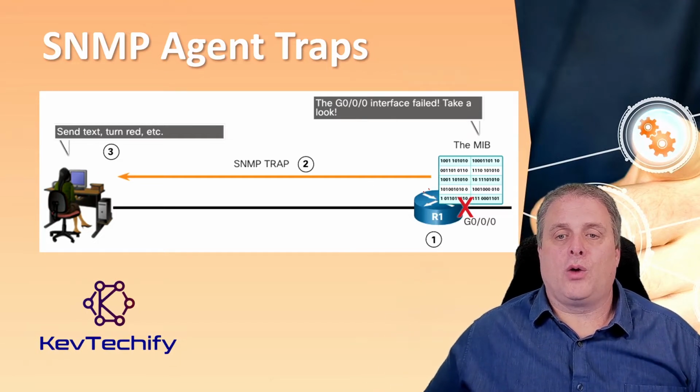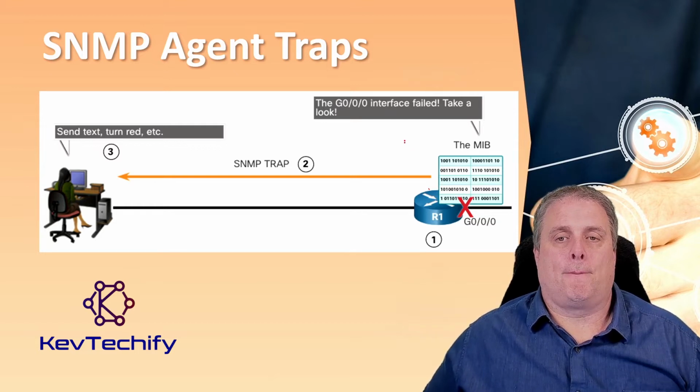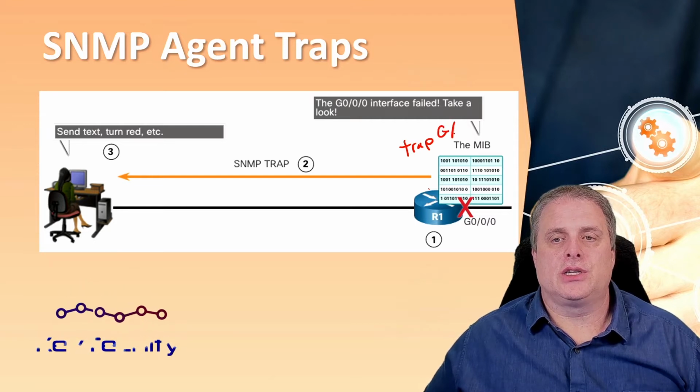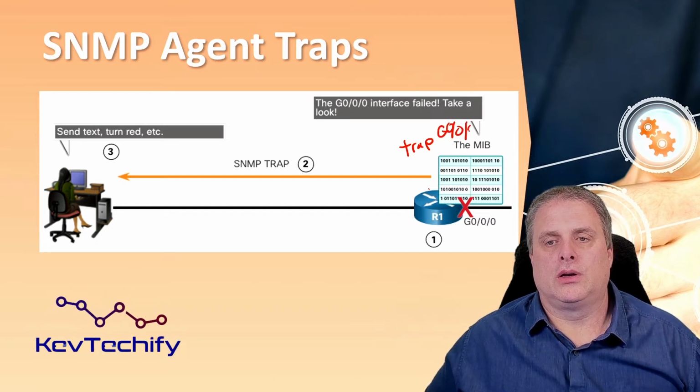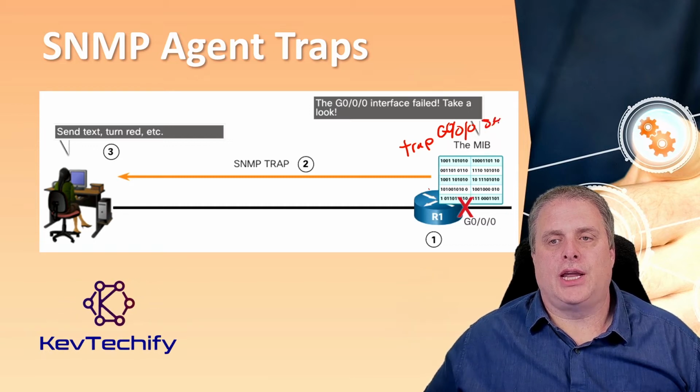Over here on R1, you set up a trap. This trap would say, okay, when there's a state change to G0/0, so when there's a state change, send me the value in the variable.